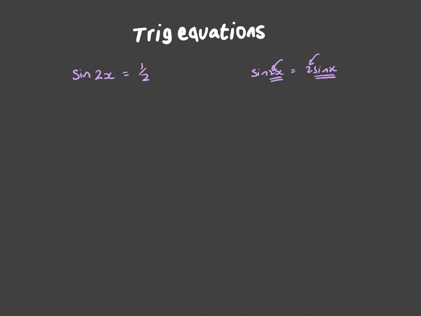Okay, so what do we need? Our objective is to have it in the form where there's a trig function, an angle, and then a ratio. Yes, it's in that form. Great stuff. So what do I need to do? The angle is going to equal arcsine of the ratio. So the reference angle, 2x, is going to equal arcsine of a half.